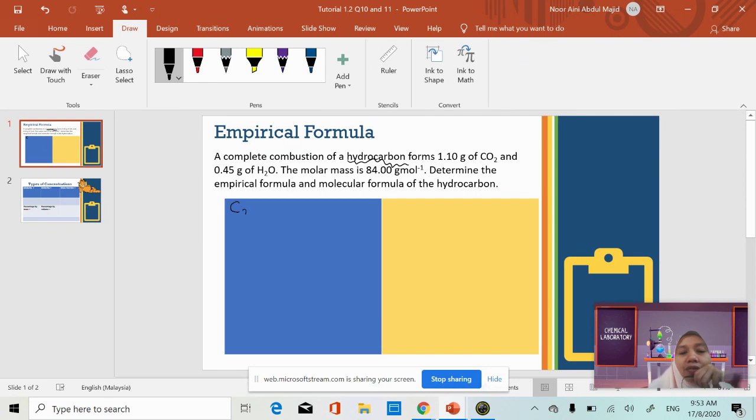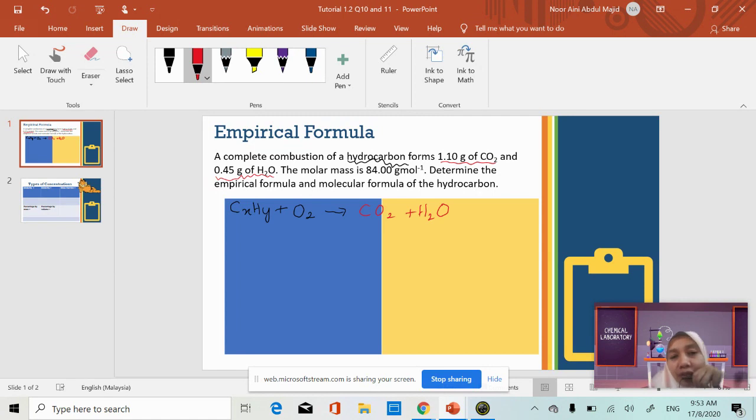So we'll have it maybe in the form of CxHy. CxHy reacts with oxygen. Normally it is burned in excess oxygen, and the products are 1.1 gram of CO2 and 0.45 gram of H2O. Now we have CO2 plus H2O.